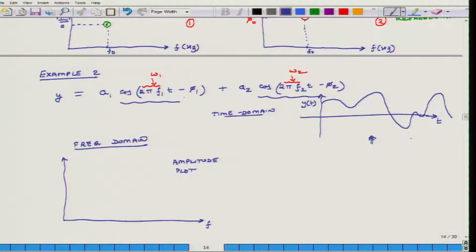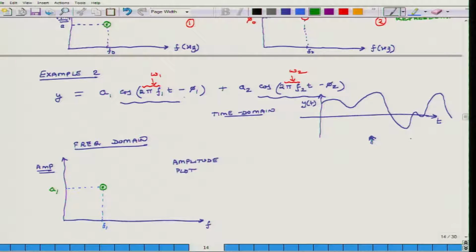Now, in this case, what is the amplitude associated with frequency f1? A1. So, let us say this is f1 and the amplitude associated with this frequency is A1, okay.